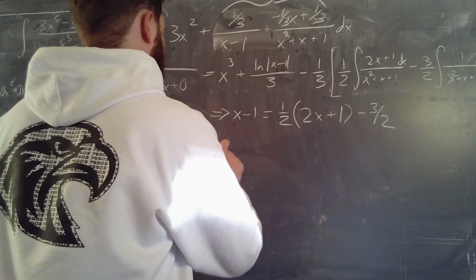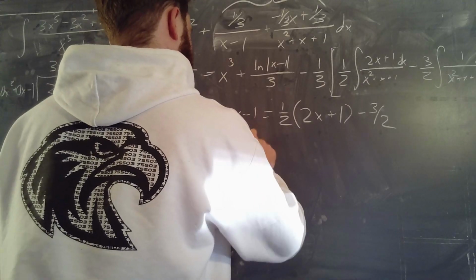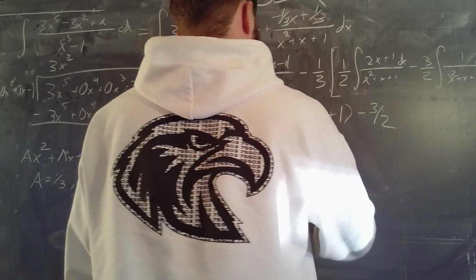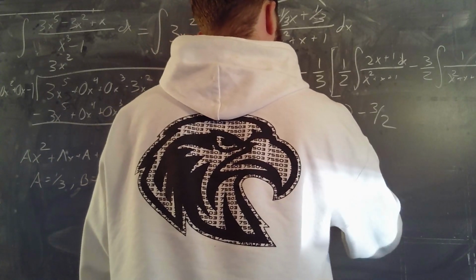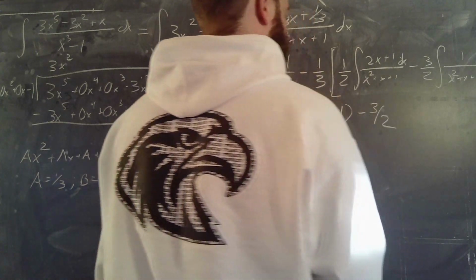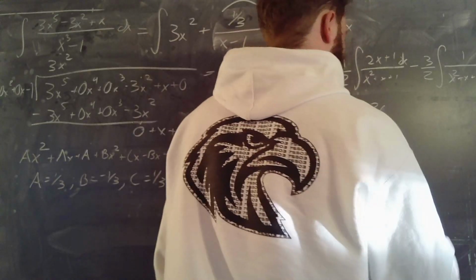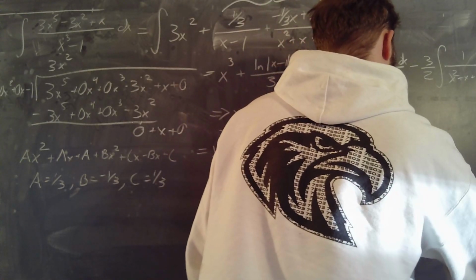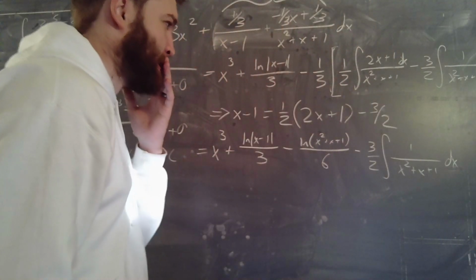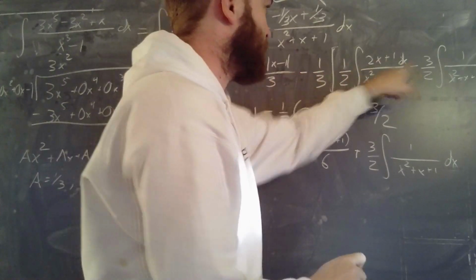That makes the total solution at this point x to the third plus ln mag x minus 1 all divided by 3 minus, and then we'll have the ln of x squared plus x plus 1 all divided by 6 minus 3/2 the integral of 1 over x squared plus x plus 1 dx. Plus, excuse me, there's a double negative right there.